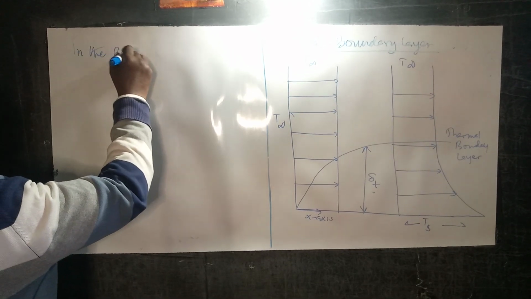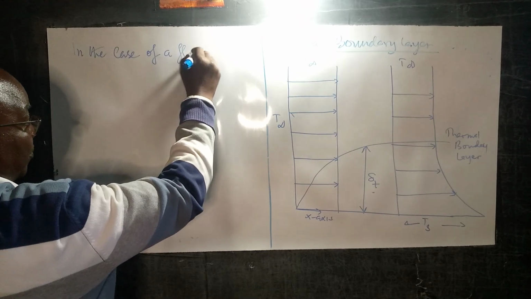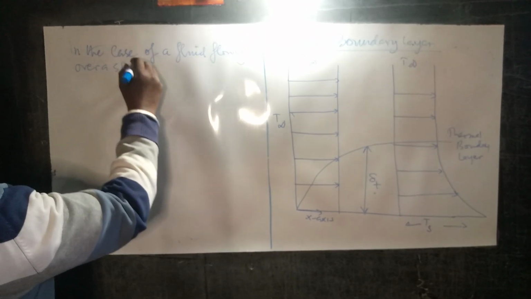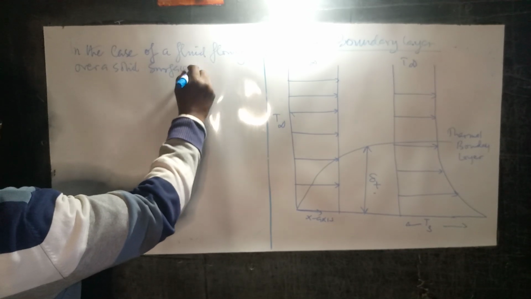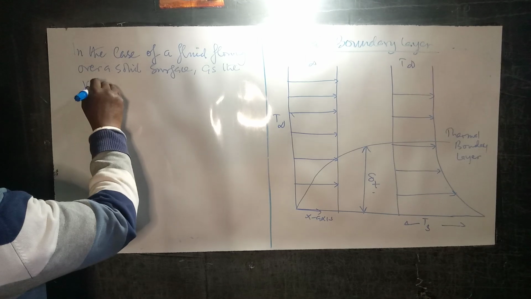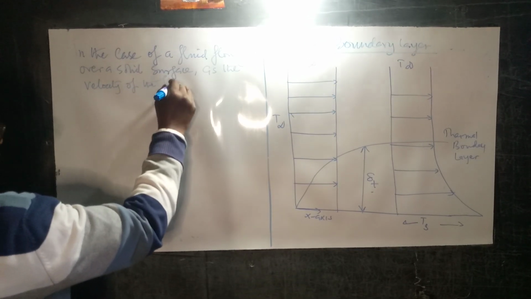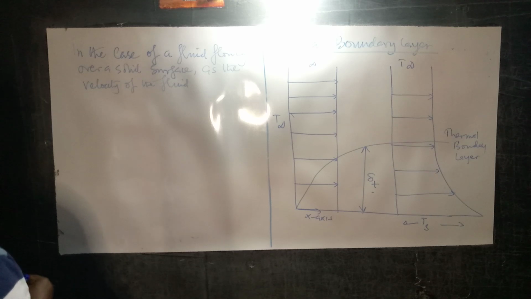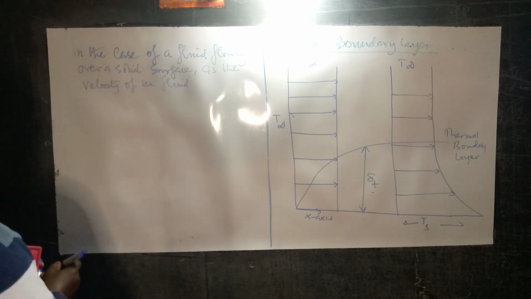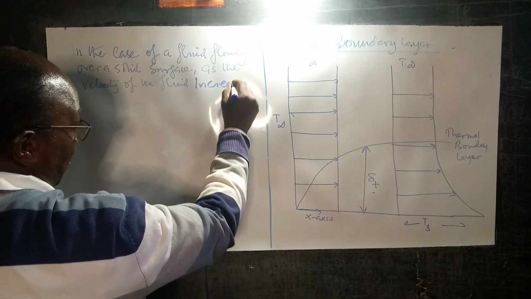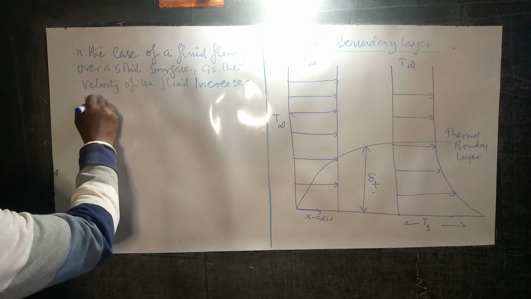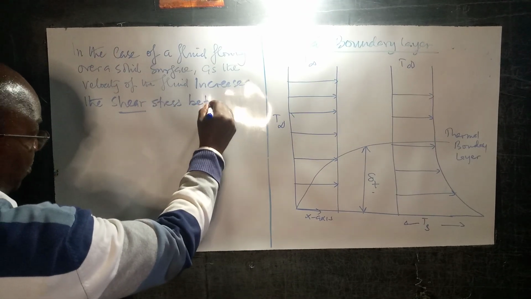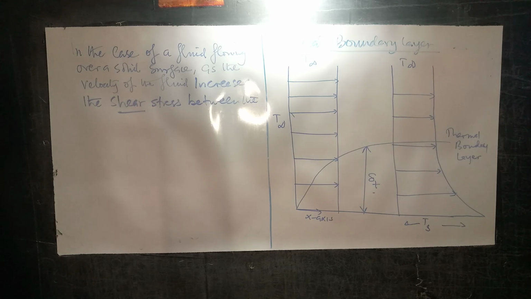So in the case of a fluid flowing over a solid surface, as the velocity of the fluid increases, the shear stress between the fluid and the solid surface increases.